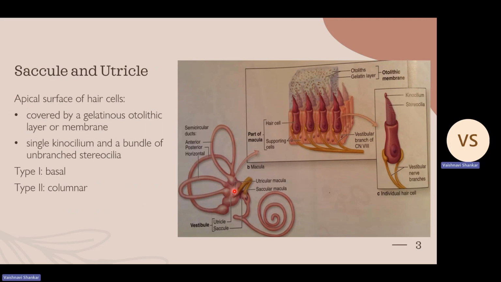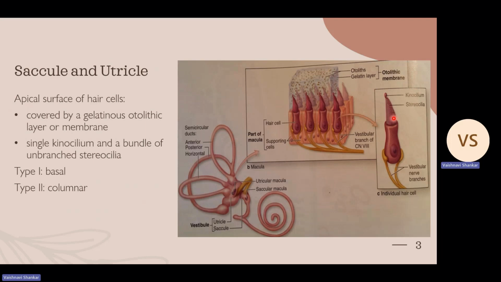The apical surface of the hair cells is covered by a gelatinous otolithic layer or membrane, and the basal ends of the cells have synaptic connections with the nerve fibers. The apical end of each hair cell has a single kinocilium and a bundle of unbranched stereocilia.